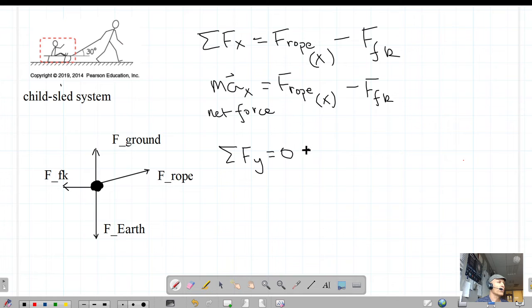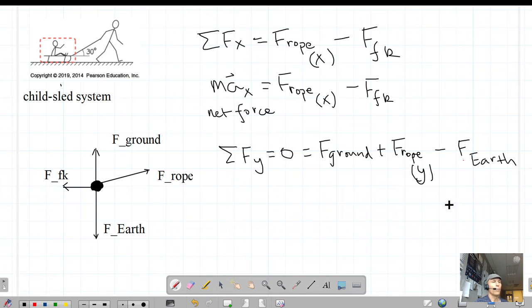So then, same process, force of ground, positive because it's upward, plus force of rope has a vertical component that's upward. I'll put a y there to symbolize that, minus the force of the earth, which I can see from my diagram is downward.